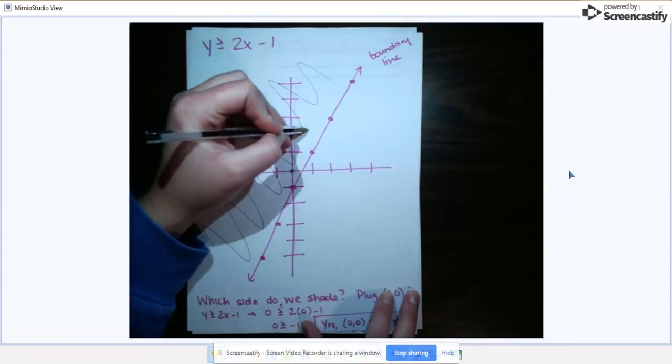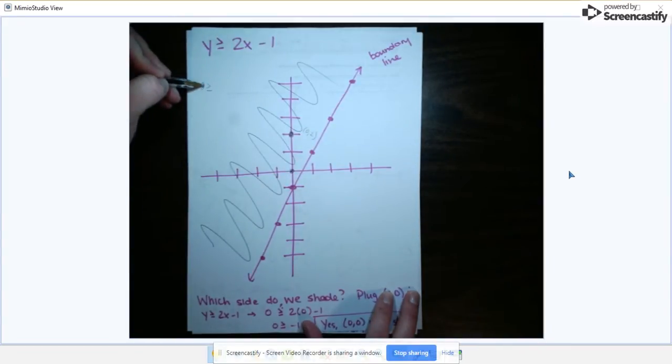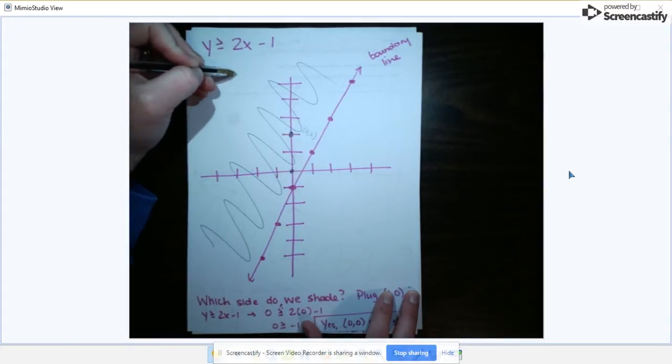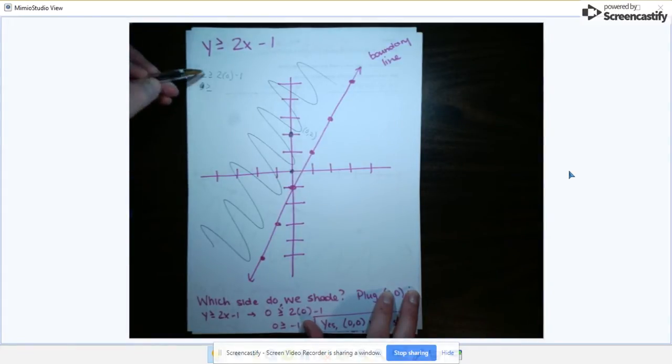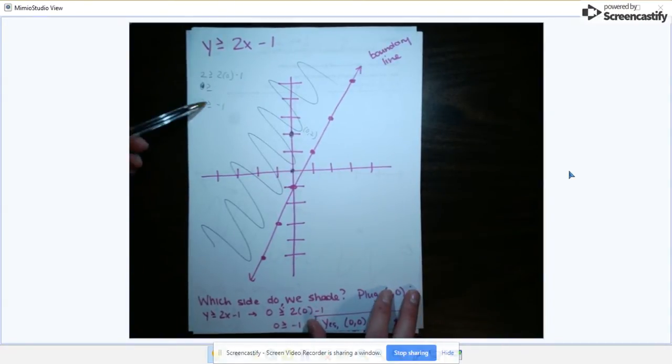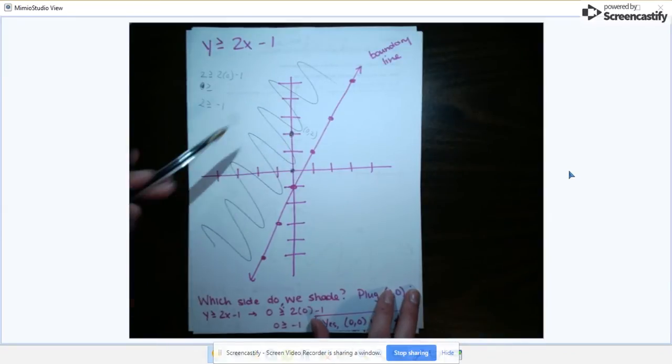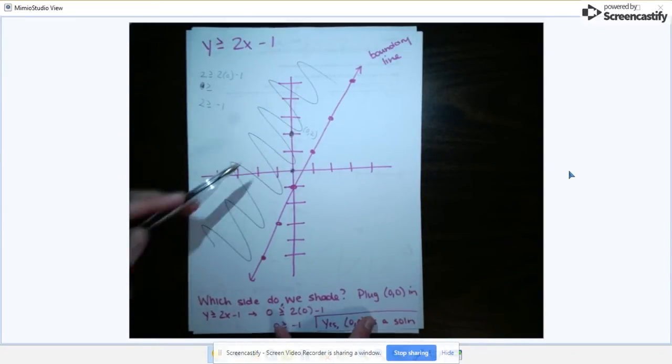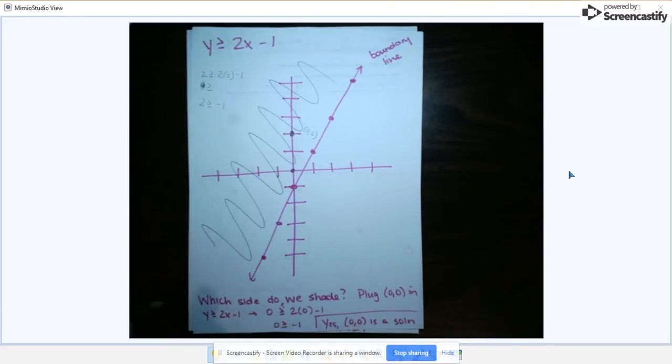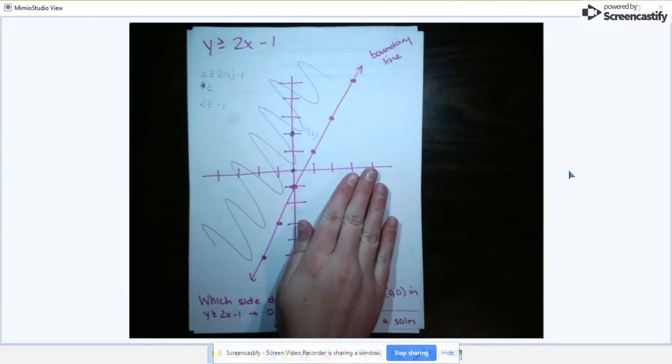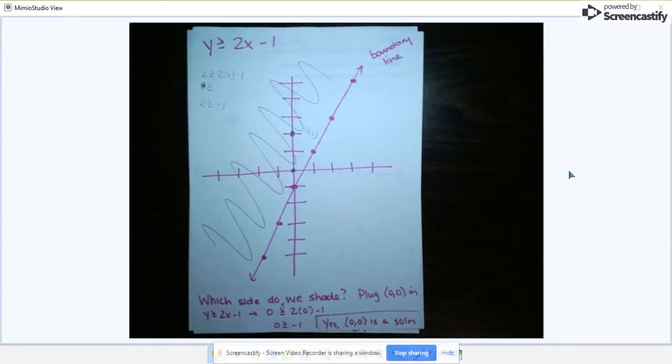I'm plugging 2 in for y, and 2 times 0 is 0, so 2 is greater than or equal to negative 1. That is a true statement. And like we said, it's in our shaded region, so it works. You could choose another point, test it, and it would work. Points over here would not satisfy the inequality.